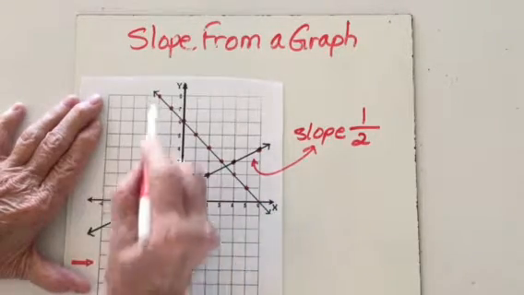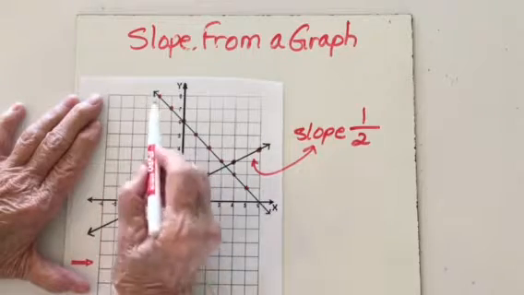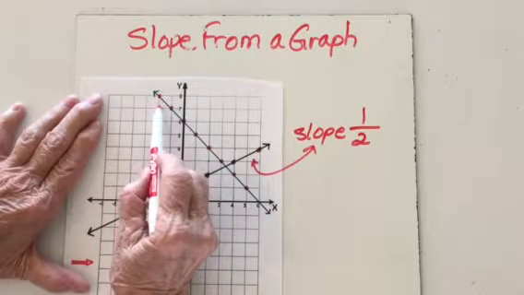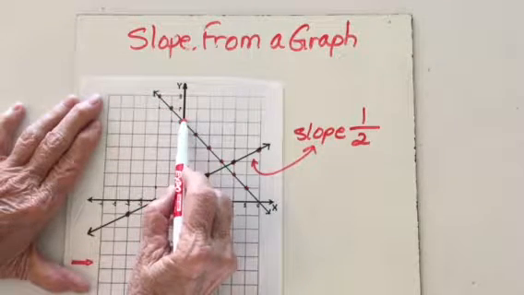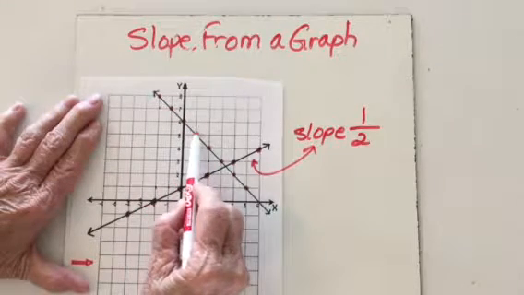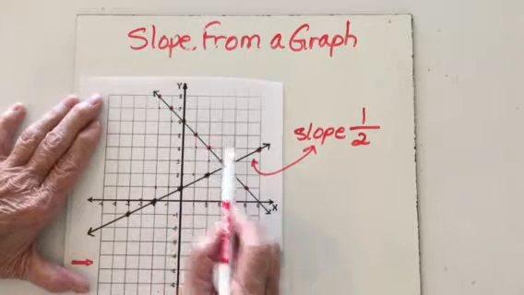So first I have to do my up and down first. So I'm going down 1, to the right 1. Down 1, right 1. Down 1, over 1.